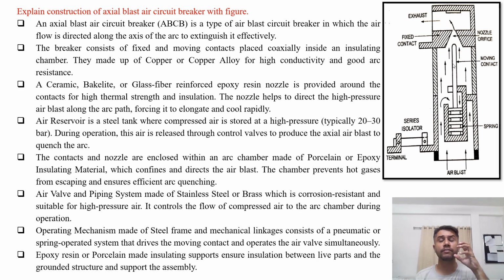The contacts are made of copper or copper alloy for high conductivity and good arc resistance. A ceramic, metal, or a glass fiber reinforced epoxy resin nozzle is provided around the contacts for high thermal strength and insulation purposes.